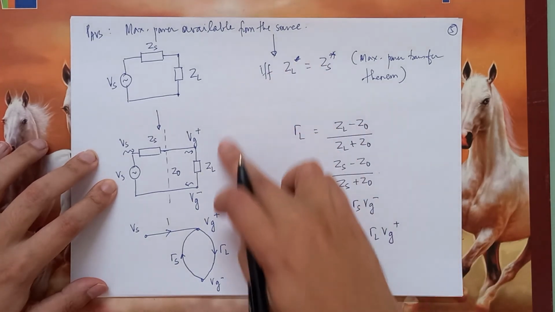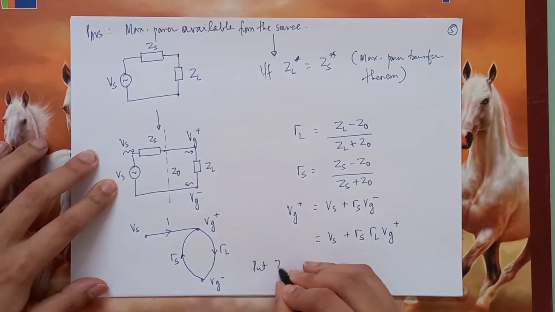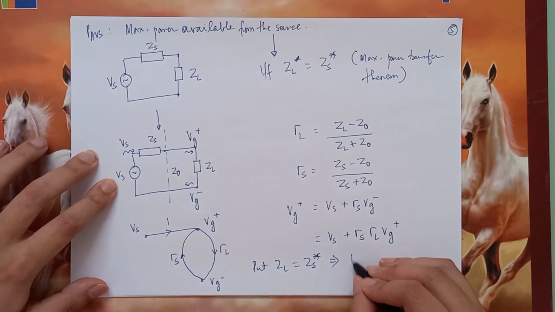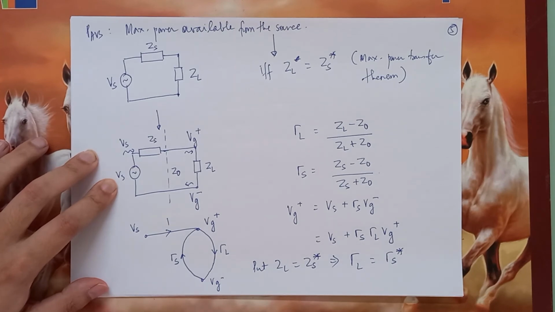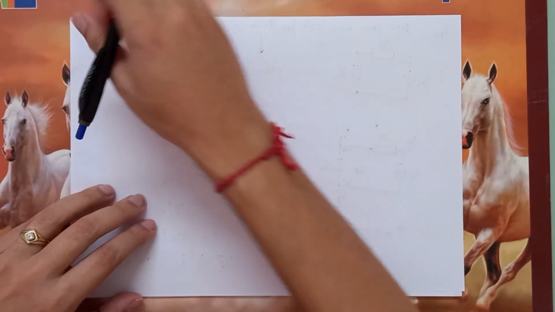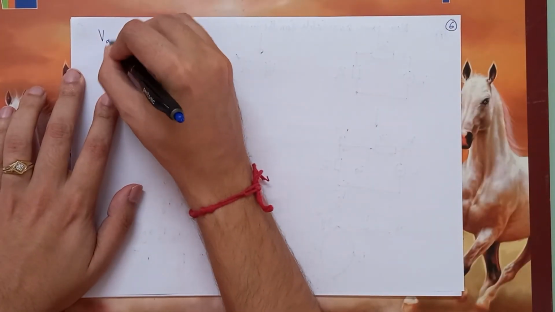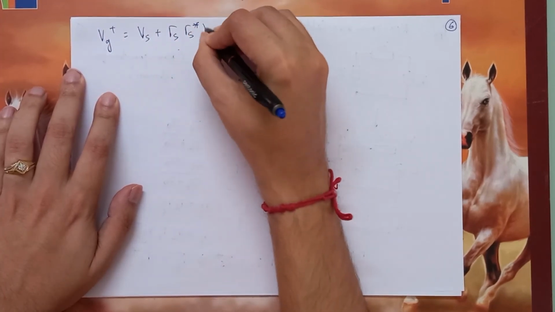Now, if we were to use the maximum power transfer theorem, if we now put ZL as the complex conjugate of ZS, then what will happen? Then gamma L will also be the complex conjugate of gamma S. So therefore, we can substitute this in the Vg plus expression, which gives us Vg plus is equal to Vs plus gamma S into gamma S conjugate times Vg plus.